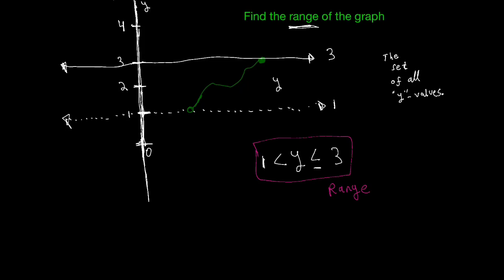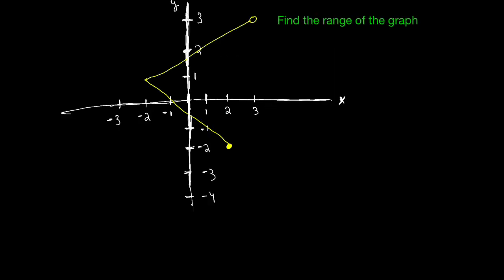All right, let's try the next example. So here, again, since we're trying to identify the range, we are trying to look at the set of all y values that satisfy our range.